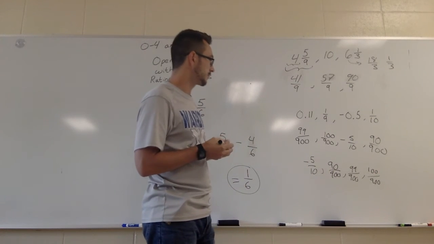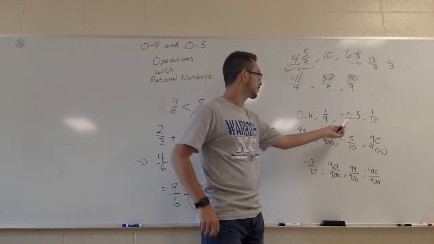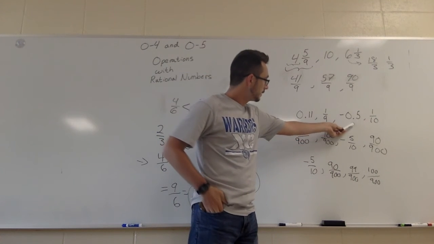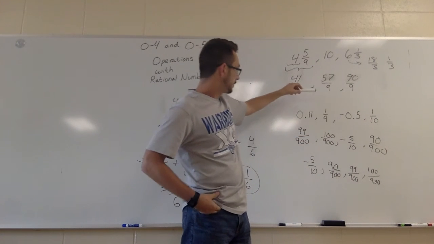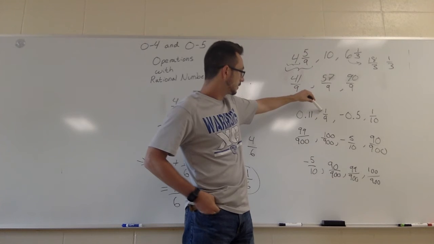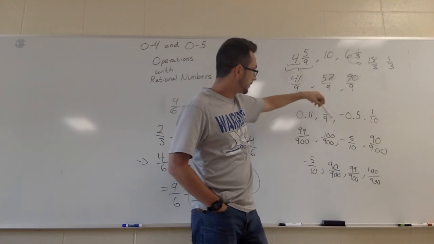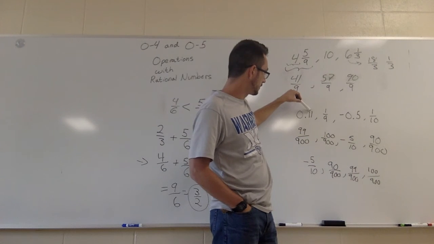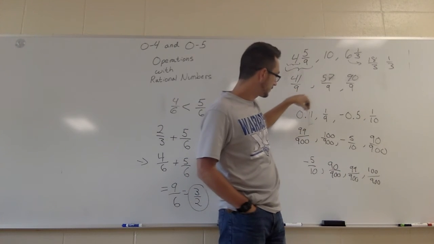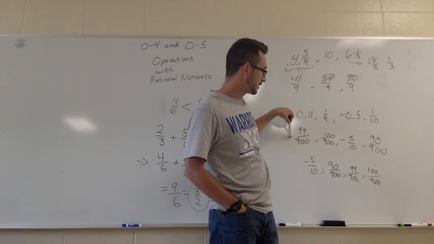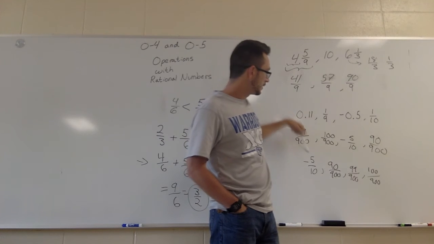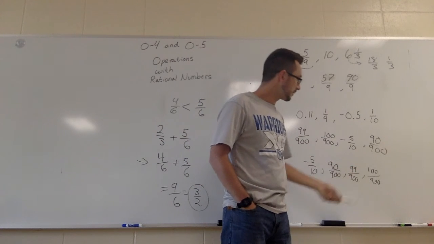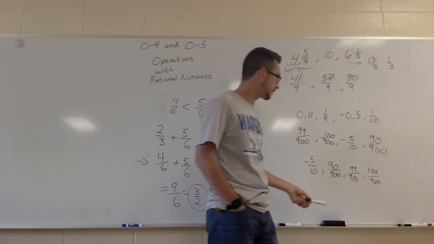So that tells me from my originals, it would go this one, and then I already flipped these, it would go the 1/10, and then the 11 100ths, which we turn into 99/900, and then 1/9 or 100/900.